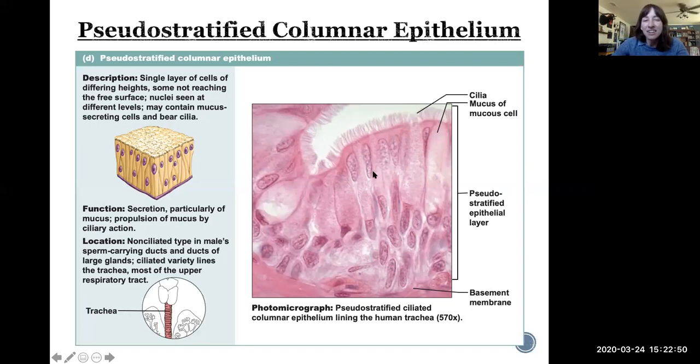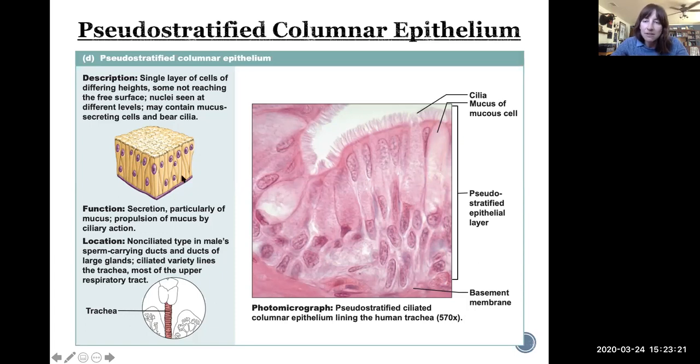So it's not technically stratified columnar because you don't actually have multiple layers of cells. For instance, if you look at this cell right here, it is touching the basal membrane and not quite touching the apical membrane, and yet it's not exactly a separate layer from this cell right here, even though its nucleus is down here, and this nucleus is up here, okay?